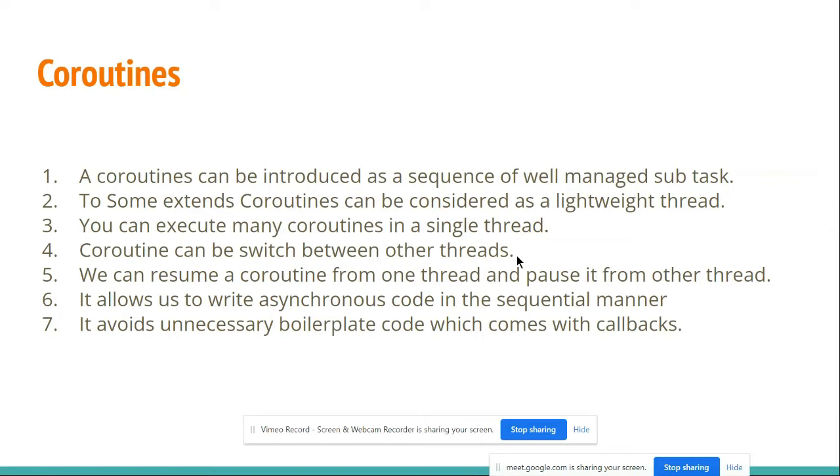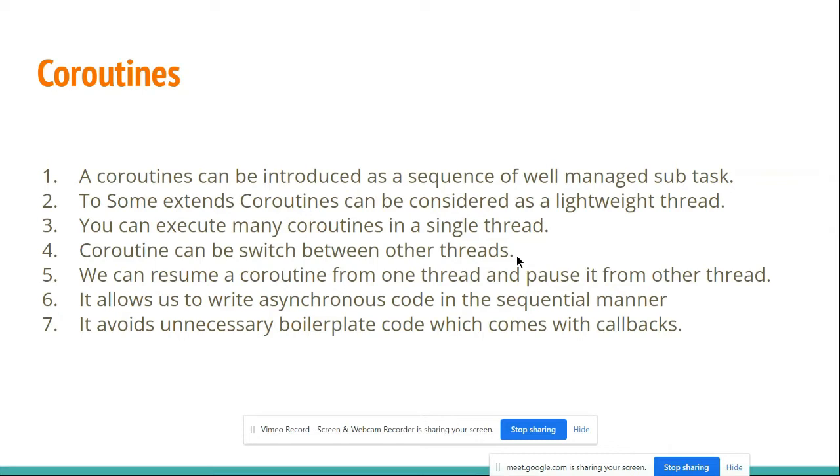When we have to update the UI, we cannot rely on the background input output thread, so we have to switch our thread. It is very easy to perform that in a coroutine. Suppose we have hit an API and got the response, and then to use that response we have to update our text view. To update our text view, we can easily switch our thread with coroutines to update our UI.